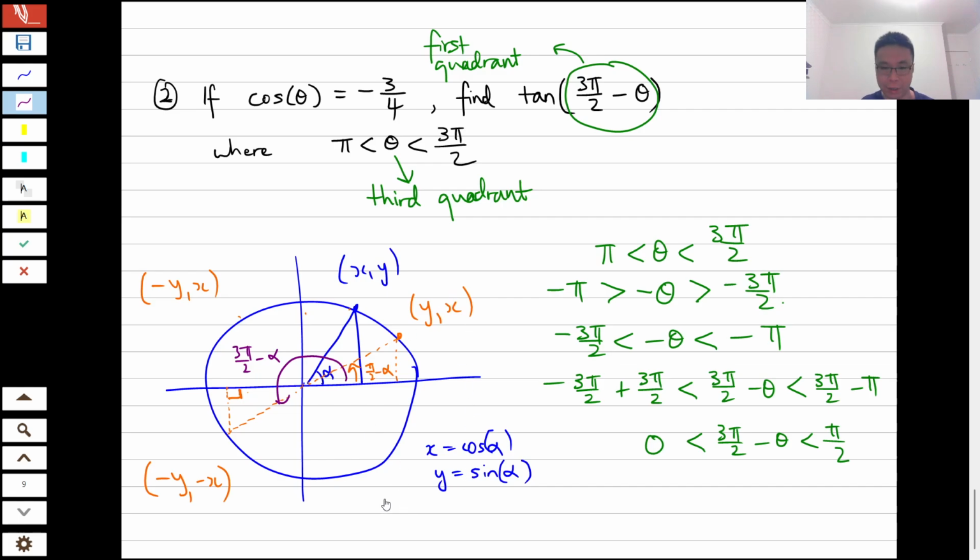So according to this diagram, the cosine of 3 pi on 2 minus alpha is going to be the x value, which is negative y. So that's negative sine alpha. And sine of 3 pi on 2 minus alpha gives me the y value, which is negative x, or negative cosine alpha.